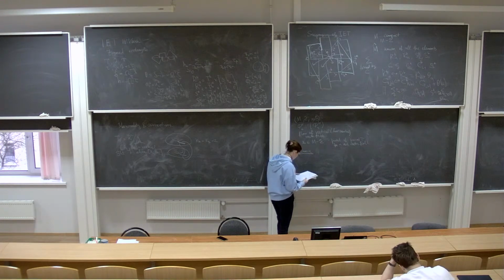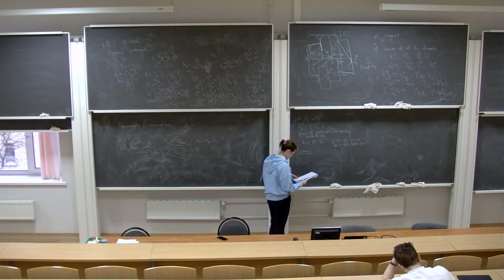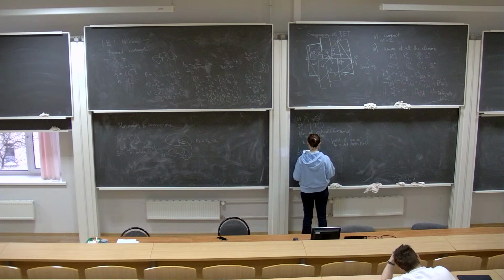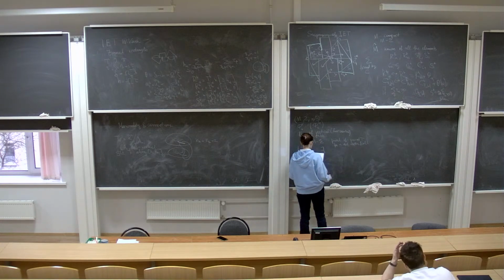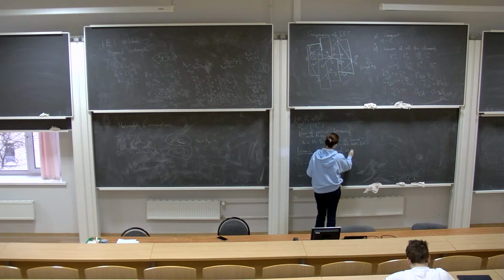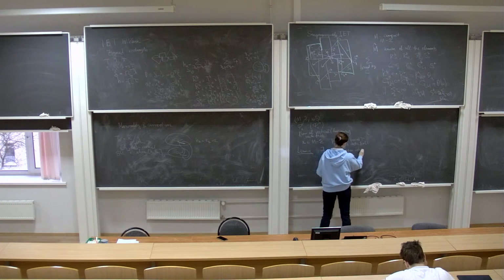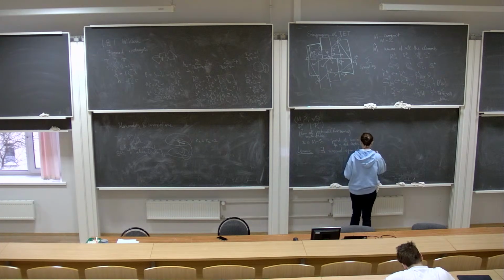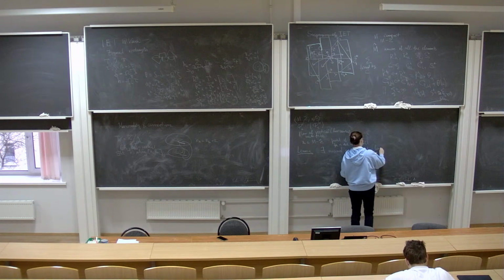But in order to do it more accurately, I will state some lemmas and propositions, and then just comment informally on some of the proofs. So the lemma claims that there is a maximal open interval, a bounded one. I forgot a very important thing.